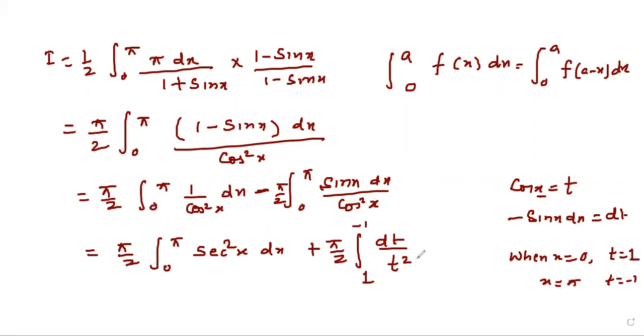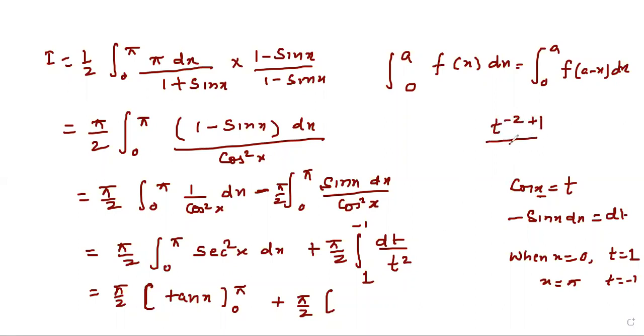Pi by 2, 1 to minus 1, dt upon t square. Here, the first term will give tan x, so pi by 2 tan x with limits 0 to pi, plus pi by 2, and integration of t power minus 2 gives t power minus 2 plus 1 upon minus 2 plus 1, that is t power minus 1 upon minus 1, that is minus 1 upon t.